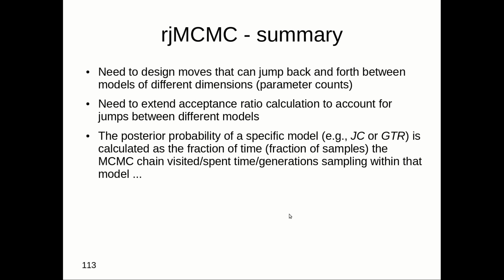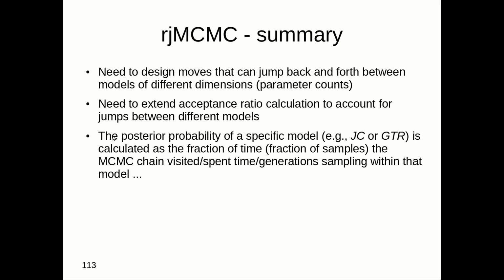Okay, so here's a summary of reversible jump Markov chain Monte Carlo. We need to design moves or proposals that can jump back and forth between models of different dimensions, of different parameter counts, that have different free parameters. We need to extend the acceptance ratio calculation to account for jumps between different models. And finally, how do I interpret the results?